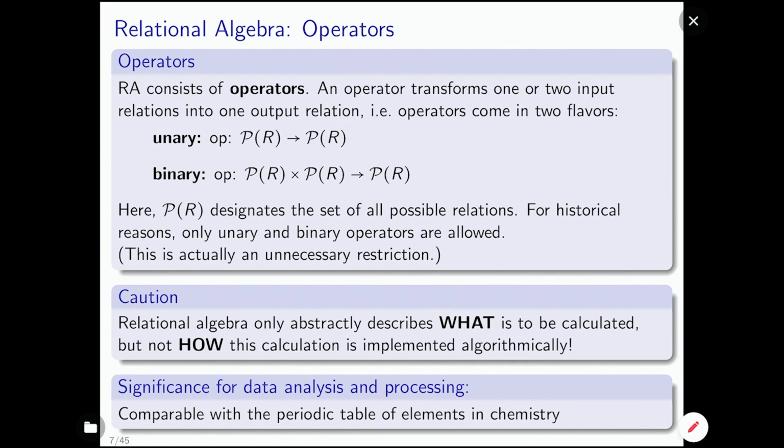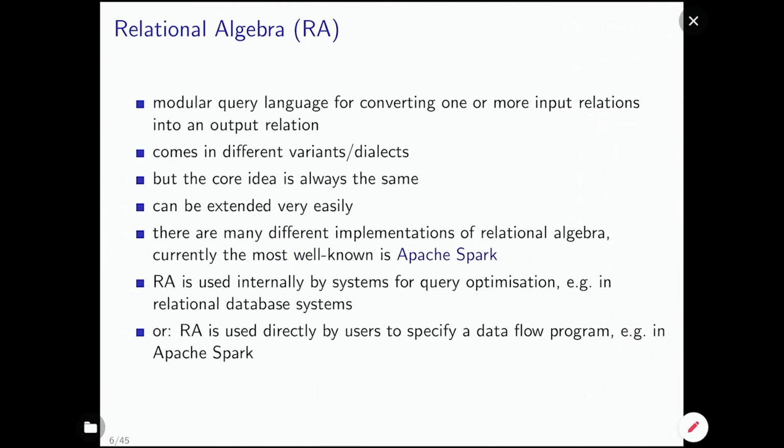A relational algebra expression just specifies what you want to compute, but not how it's going to be computed. The same actually holds for these implementations. If you want to play with systems like Spark and you write down these relational algebra expressions, it looks like it first does this, then that, then this. But the system can decide to do it in another sequence, as long as the semantics of the expression are preserved.